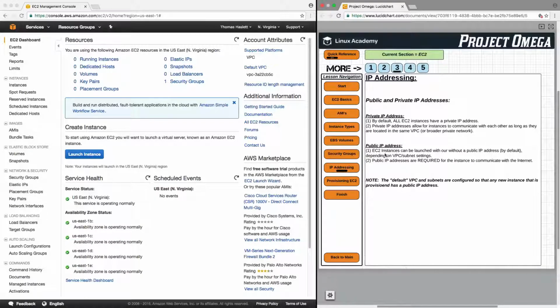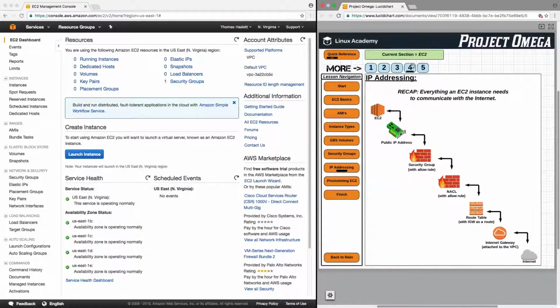So that is very important. If you want your instance to be able to communicate outside of your VPC, it must have a public IP address. As another side note, the default VPC and subnets are configured so that any new instance that is provisioned has a public IP address. That is the default for EC2 instances out of the box, as long as you're using the default VPC.